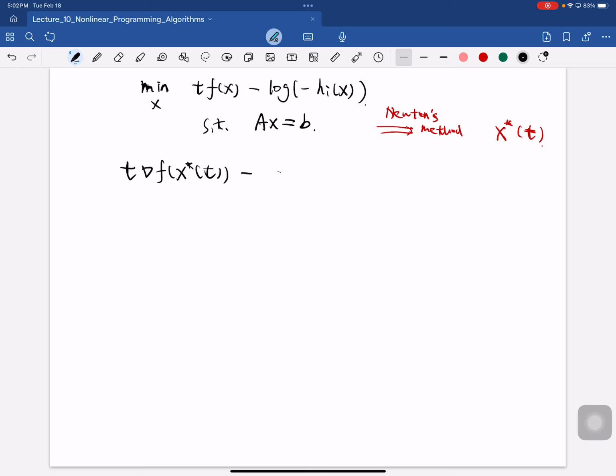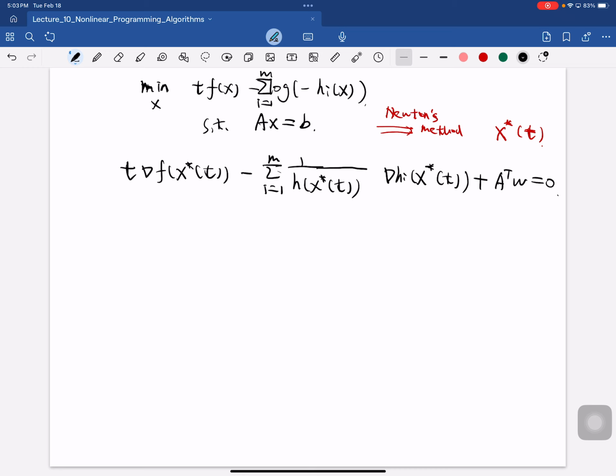There should be a summation. Okay, so this is the stationarity condition.